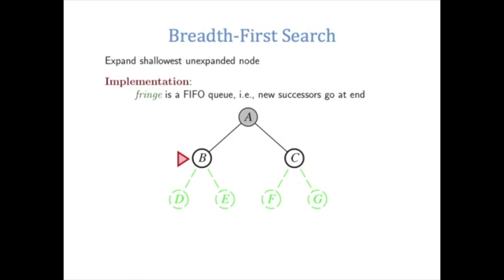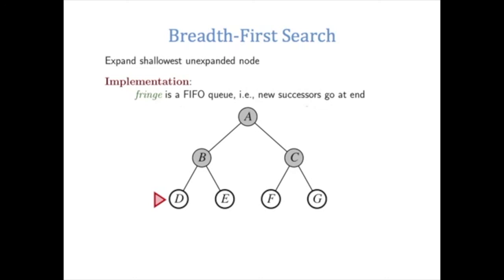Well, A is the only node in our fringe, so we'll expand it, and its successors are B and C. Now, because we're going to expand the shallowest unexpanded node, then we'll pick B, because that was the first one we expanded in front of C. We'll expand it first. We'll take a look at it and get D and E.